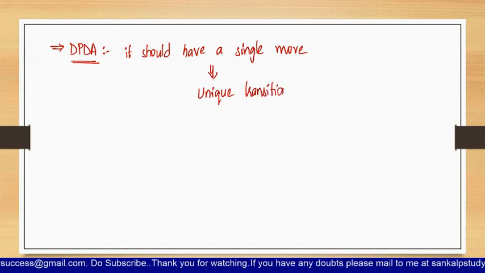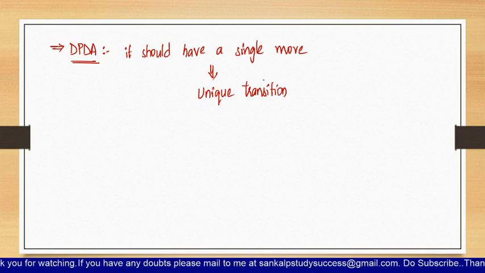If you carefully observe, in the pushdown automaton, if you are moving from one state to another state by applying any input symbol, then it should have a unique transition but not several transitions.